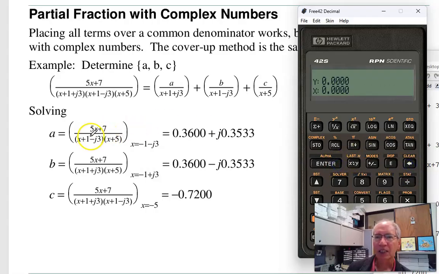To get A, it's 5x plus 7: 5, recall x, multiply, 7, plus, divided by x plus 1 minus j3: recall x, 1, enter negative 3, complex, add those together, divided by x plus 5: recall x, 5, plus, slash. Same answer. So again, if your calculator can handle complex numbers, I can do partial fraction expansion as well.